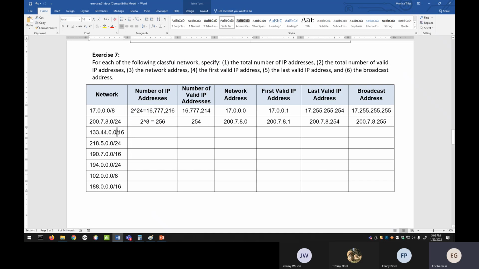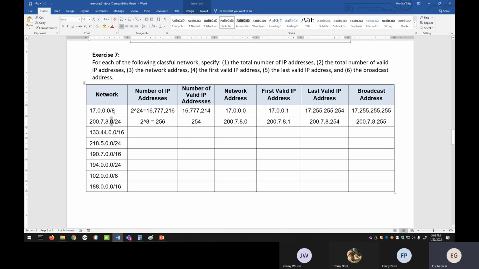And the default mask for a class B is /16, which means that the first 16 bits belong to the network part, and the remaining 16 bits belong to the host part. So this /24 says that the first 24 bits belong to the network part, and the last 8 bits belong to the host part.